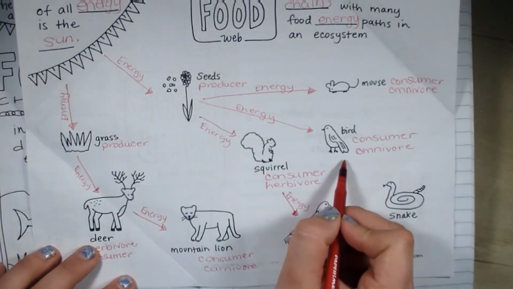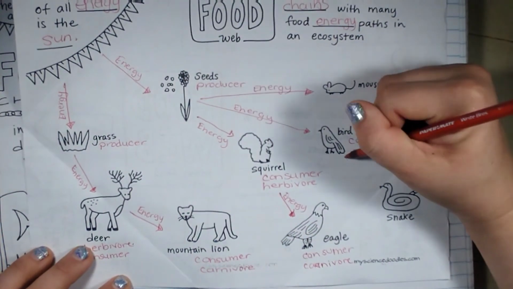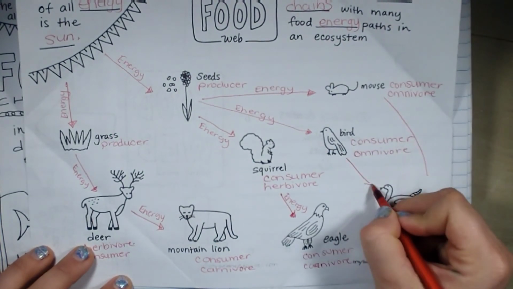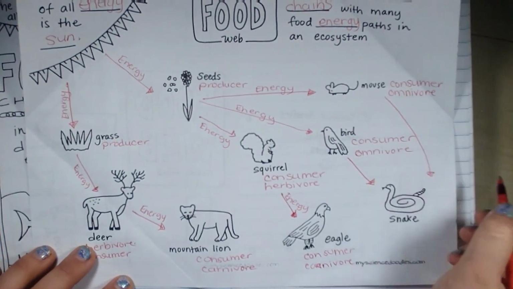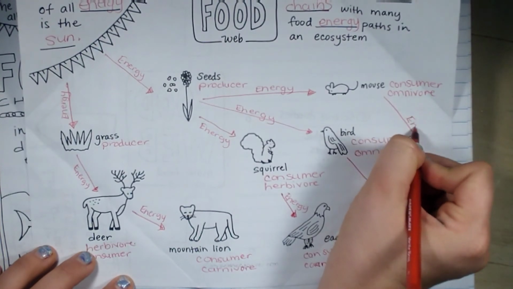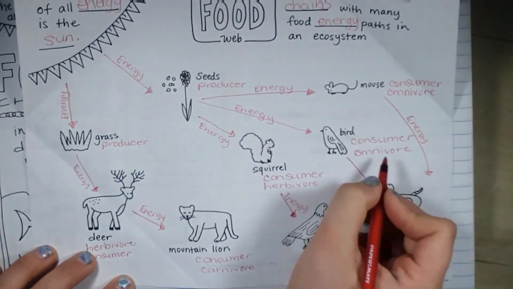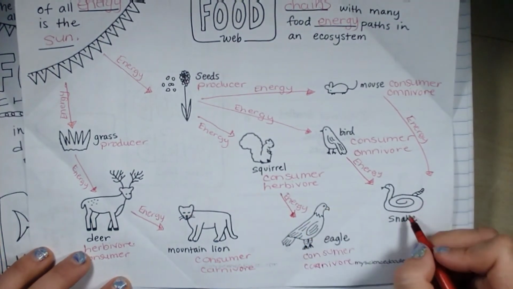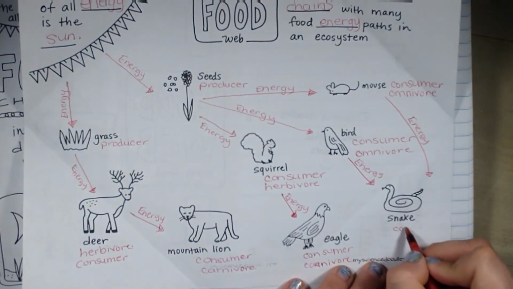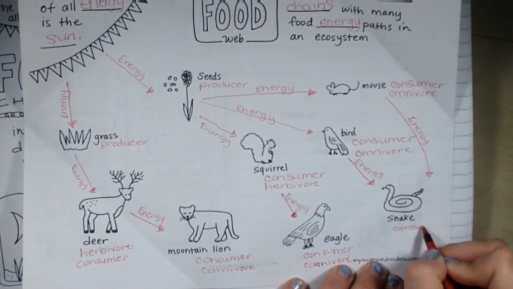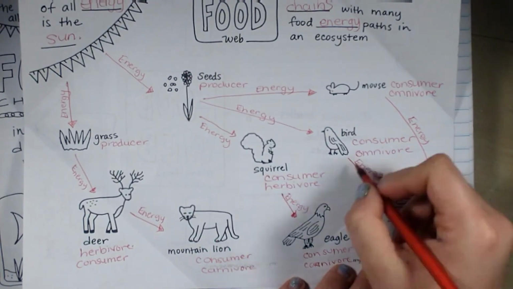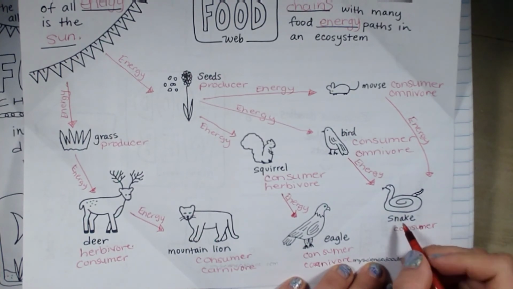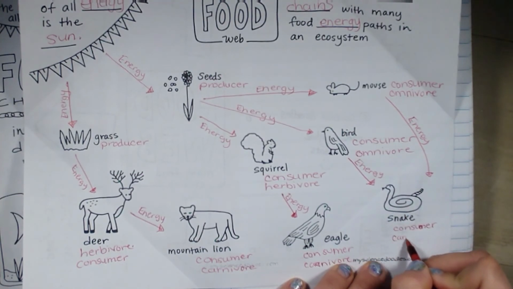And the snake can eat the bird or the mouse to get some energy. He is a consumer, getting energy from another animal, and is a carnivore.